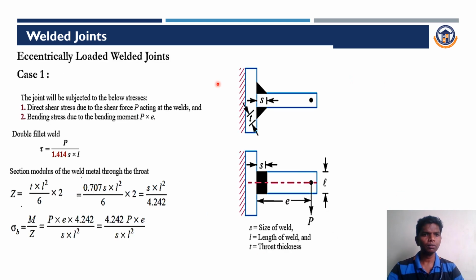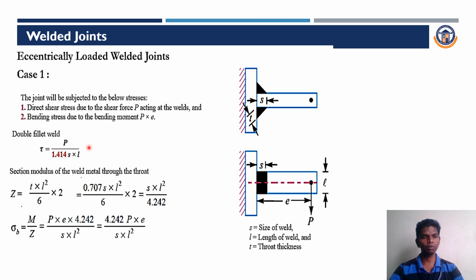Next, eccentrically loaded welded joints. In case one, the joint will be subjected to the following stresses: first, direct shear stress, and second, bending shear stress. These are the two formulas to find the stresses in a double fillet weld.